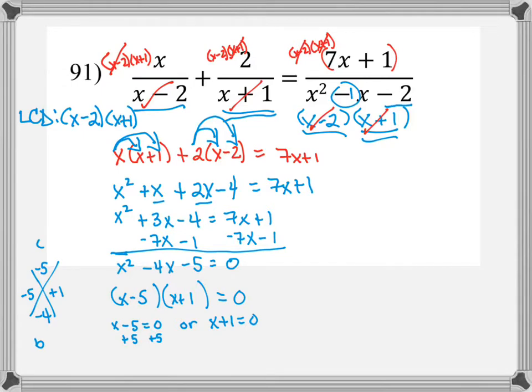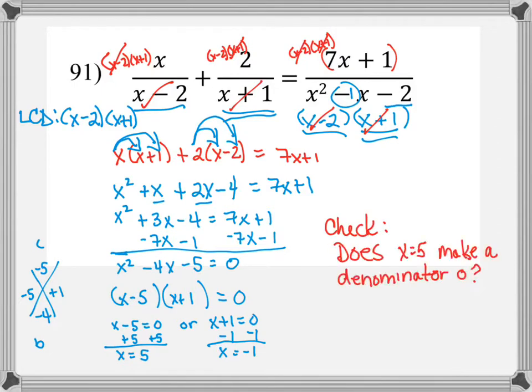Add 5 to both sides in the first equation, x equals 5. Subtract 1 from both sides in the second equation, or x equals negative 1. But I do need to check by seeing if x equals 5 makes any of the denominators 0.